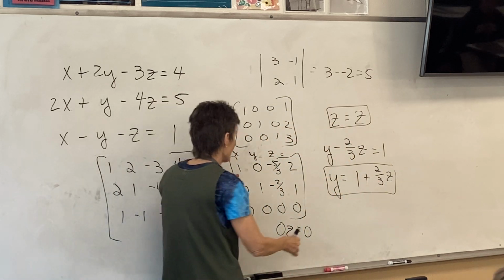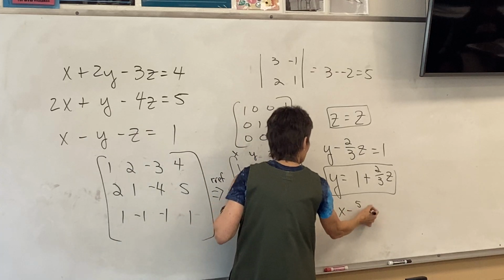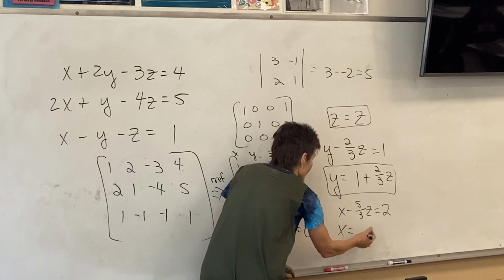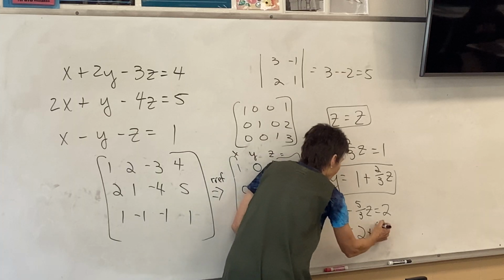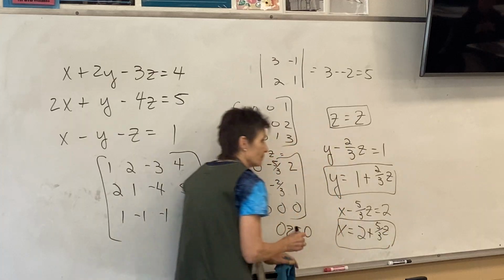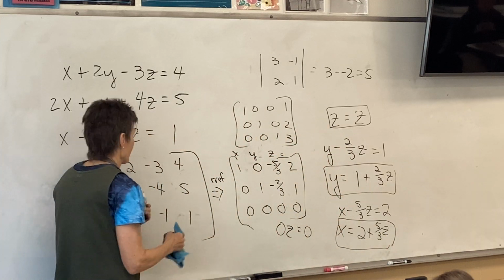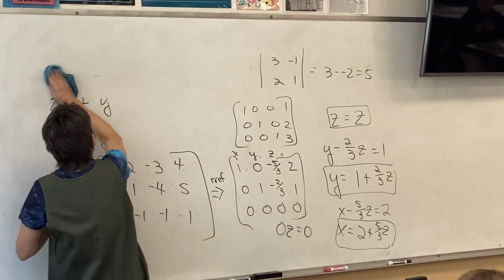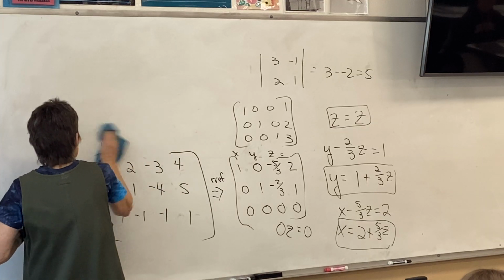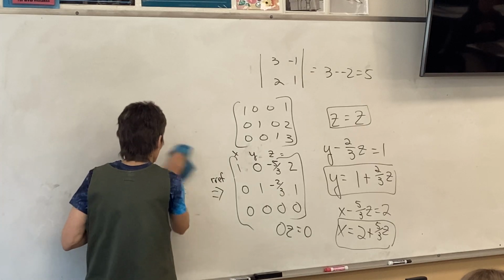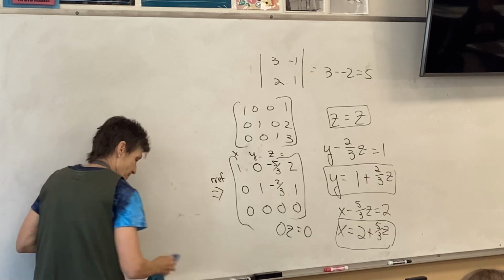And then the top row says x minus 5/3 z equals 2. So x equals 2 plus 5/3 z. Now I'm going to write an answer in an organized fashion.